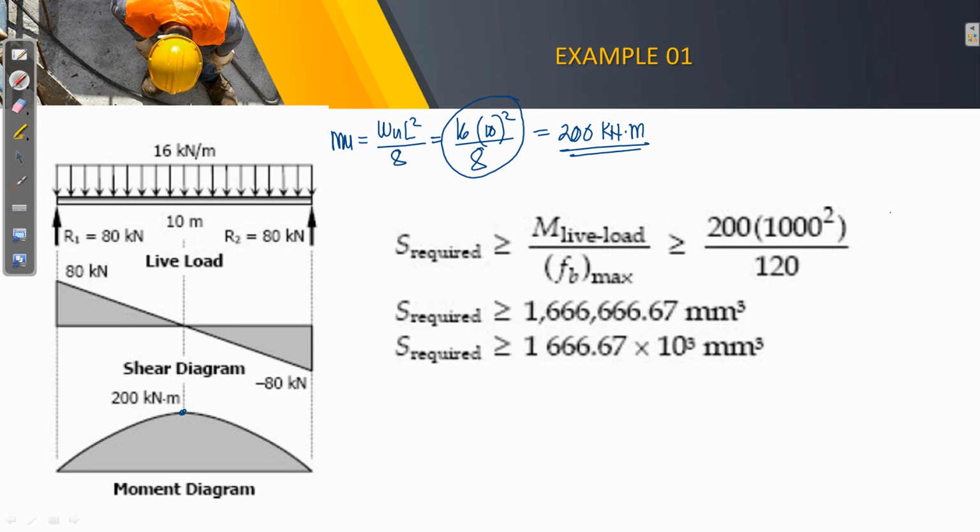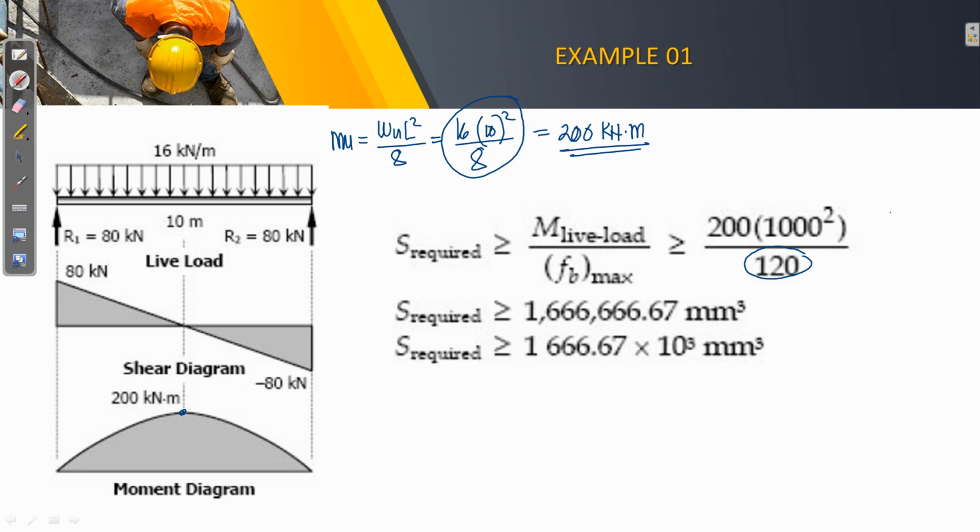And then, based on that, the criteria of your allowable, this is 120. Okay? 120 is the allowable bending stress in megapascal, and that way we shouldn't exceed this one. So we'll just substitute in your formula.